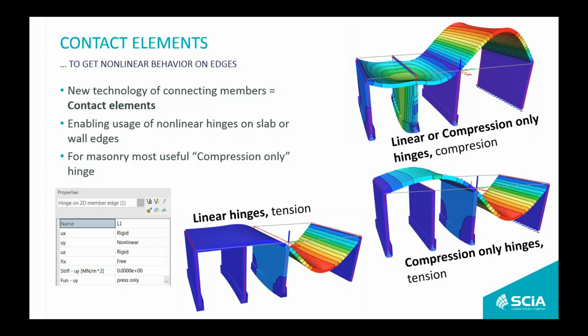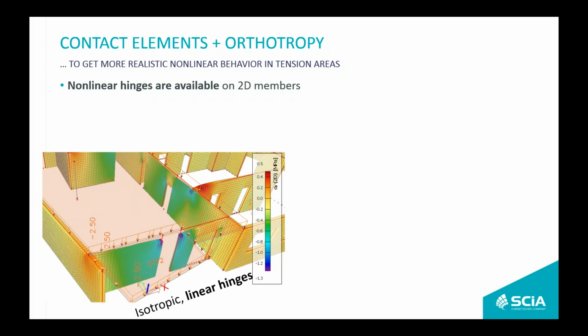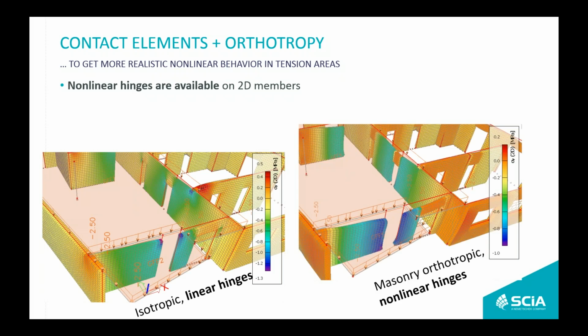So what are the use cases? To sum up this behavior, the nonlinear hinges are available on 2D elements. I have here two sections from realistic projects to compare.